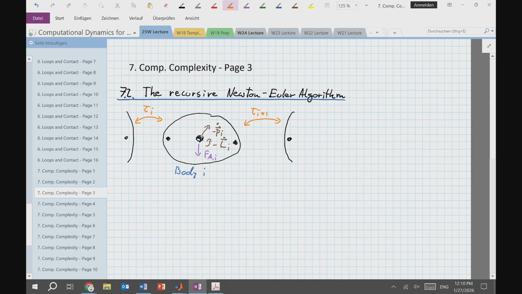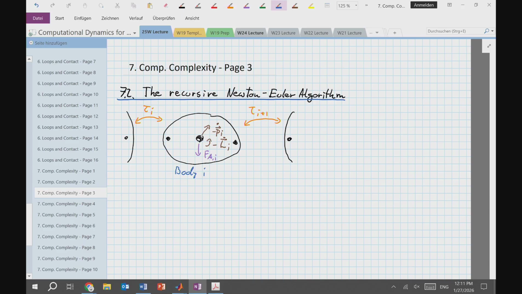If we have branches in there, my numbering scheme would have to be adapted a bit. This numbering scheme only works for kinematic chains, but you can imagine how to extend this if a body has multiple child joints. So each joint has an active component, tau i, and this is the thing that we want to compute.